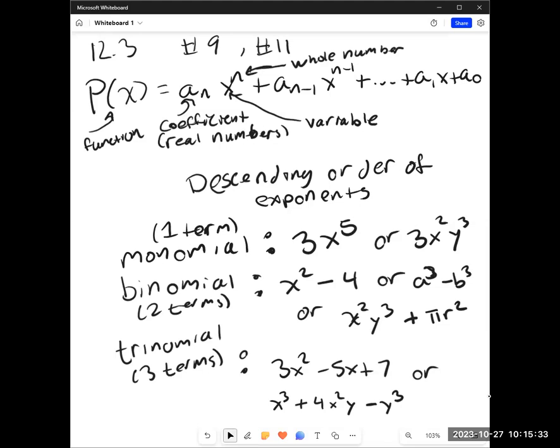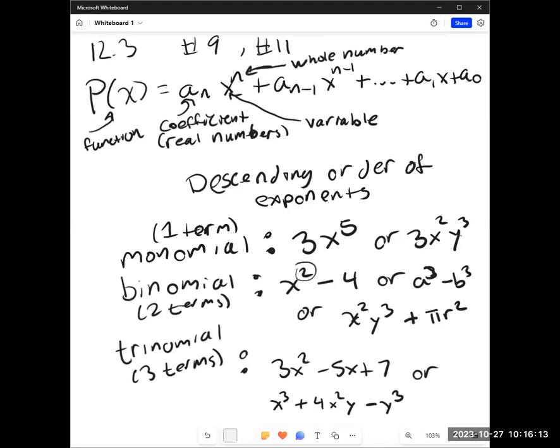We also classify polynomials by their degree, which is, most of the time in this class, we're just going to be dealing with terms that only have 1 variable in them. We won't be dealing with a lot of these types of terms that have x squared, y cubed, and so on, other than when we're pulling out a GCF. So for instance, I'll just talk about these basic examples here that are to the left. This term here is degree 5.